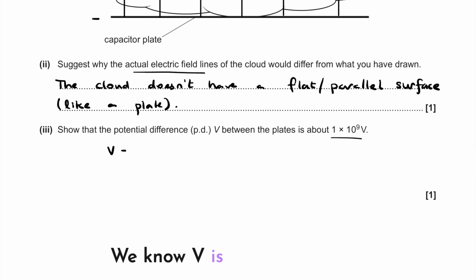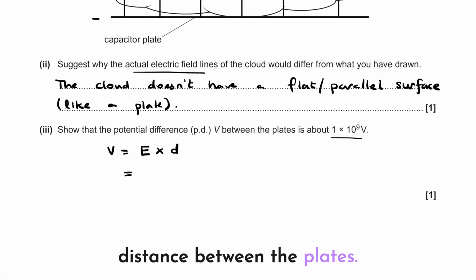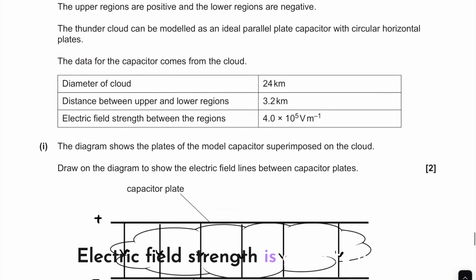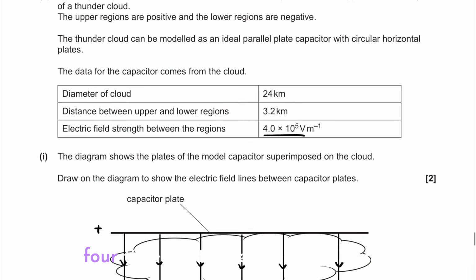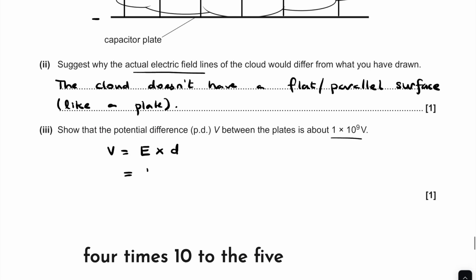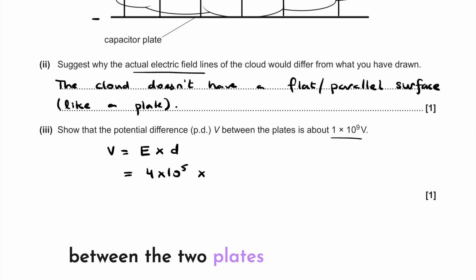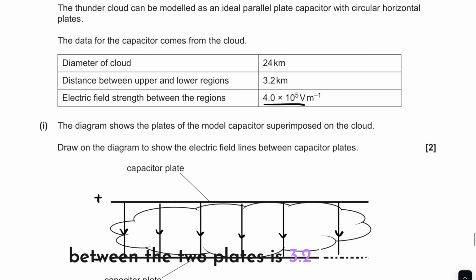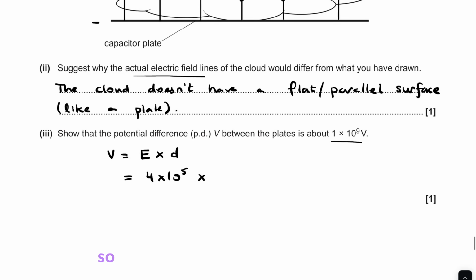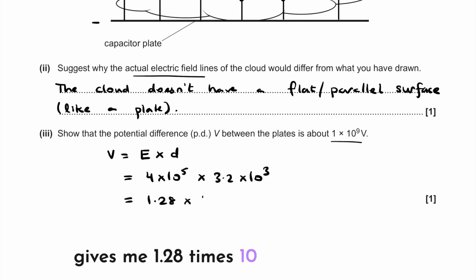We know V is equal to electric field strength times the distance between the plates. Electric field strength is given as 4 times 10 to the 5. The distance between the two plates is 3.2 kilometers, so 3.2 times 1,000. And that gives me 1.28 times 10 to the 9 volts.